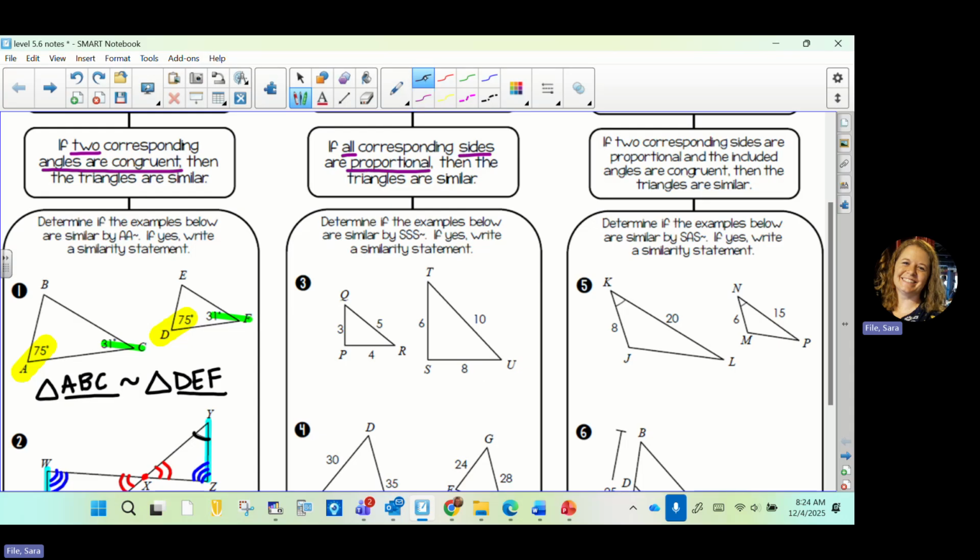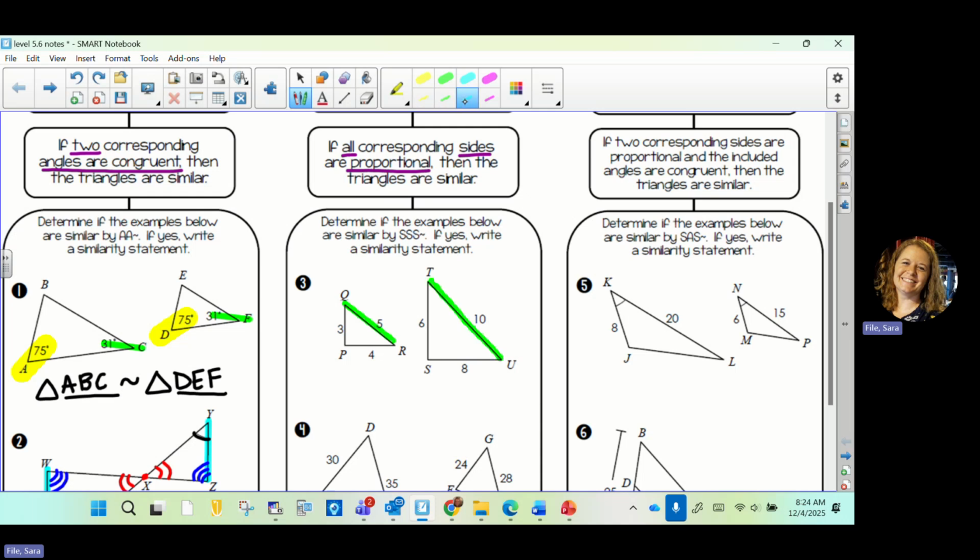So I'm going to make sure that I get the correct sides corresponding. So if all 3 sides are labeled, you know which is the longest, shortest, and middle, right? Based on the numbers. So what's the longest side in the little triangle? Yeah, and what's the longest side in the big triangle? 10. Okay, so those have to correspond.